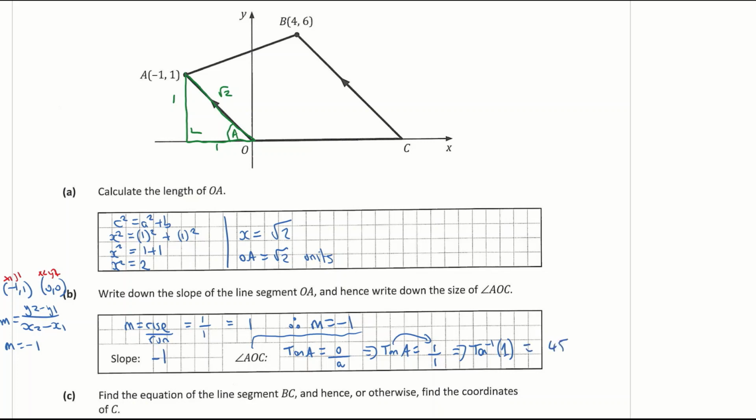So the angle A, let's just mark it on my picture, is 45 degrees. That's not the angle I want. The angle I want is angle AOC, which is in here. But like I said, to get the size of that angle, we just need to take 45 away from 180 degrees. So therefore, my final solution is 180 minus 45 degrees, which is 135 degrees.